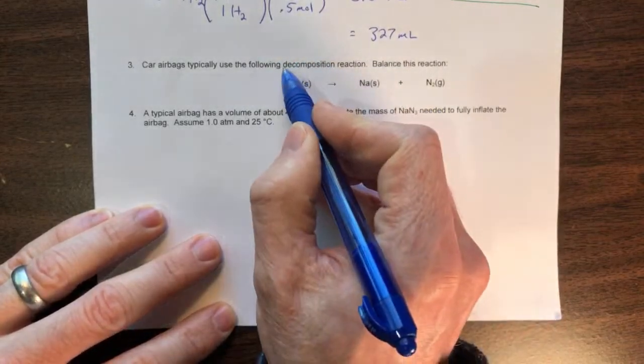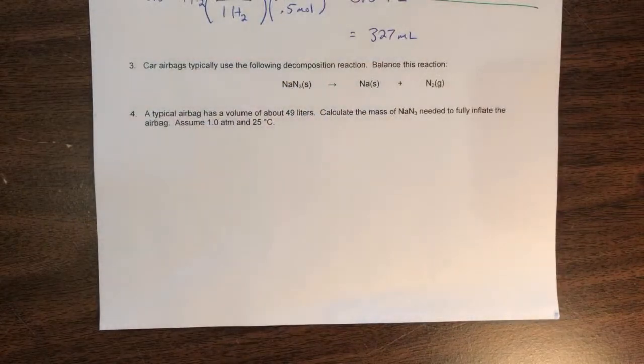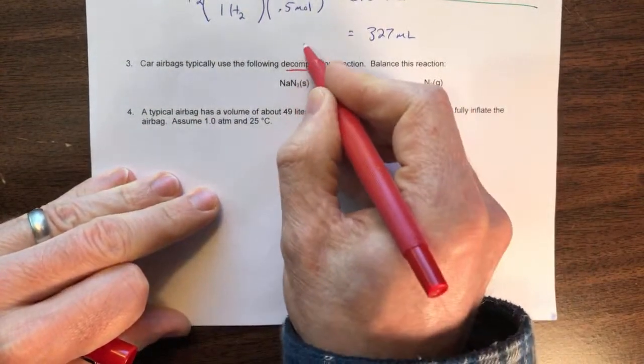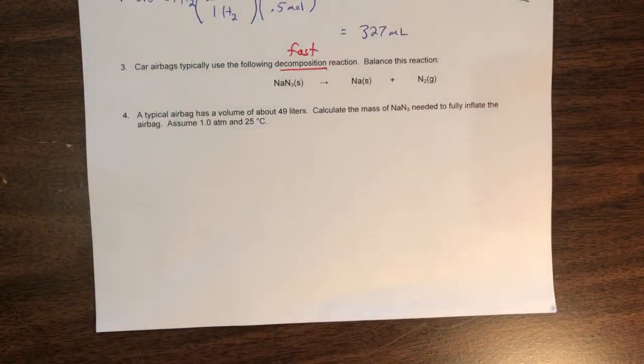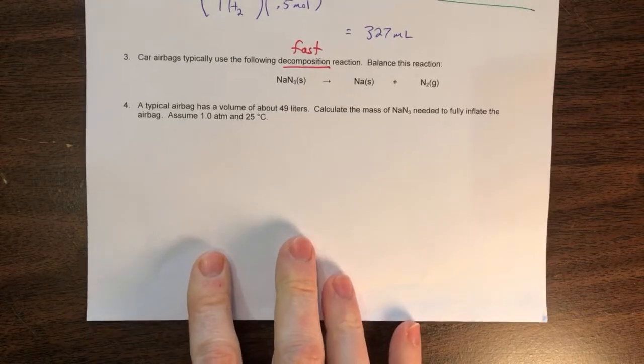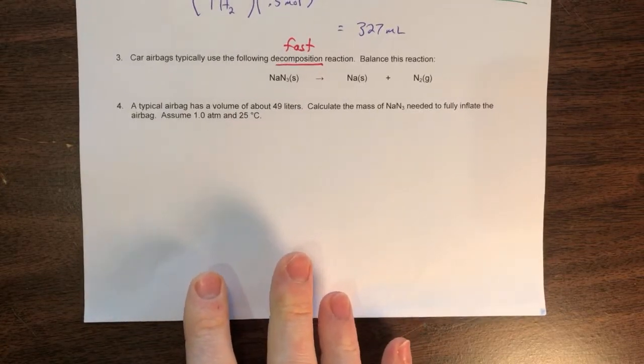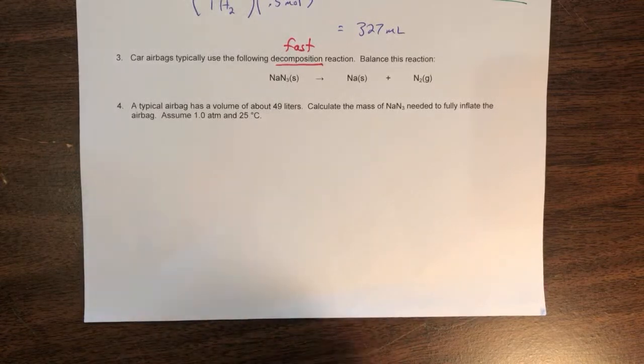So decomposition reactions are useful because they're fast. And this is not explosion fast, but it is very, very fast. Fast enough to fill up your airbag between the time that you crash and you would actually smack your head against something. Okay? So super fast because it's a decomposition reaction.